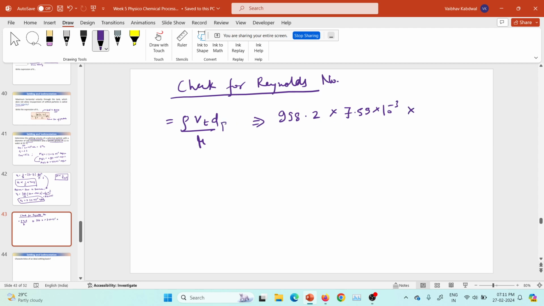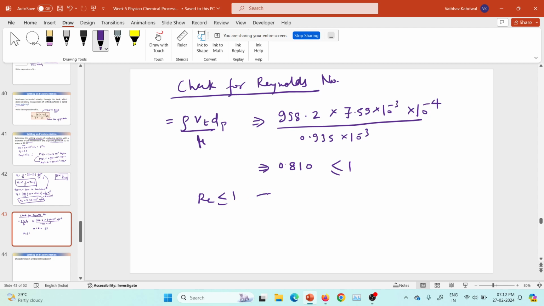Diameter of particle is 10 to the power minus 4, divided by mu, which is 0.935 into 10 to the power minus 3. So it will be 0.810, which is less than 1. So if Reynolds number is less than or equal to 1, then the flow is laminar and our assumption is correct.